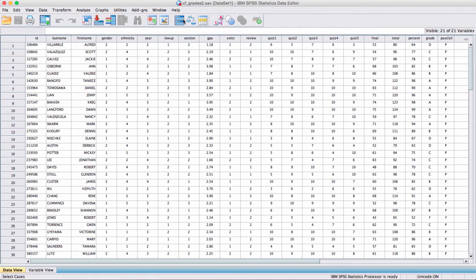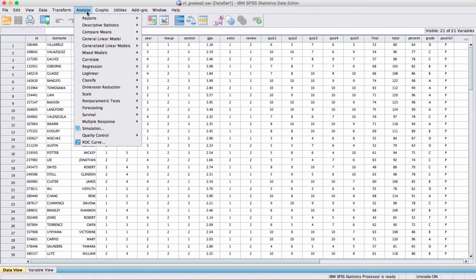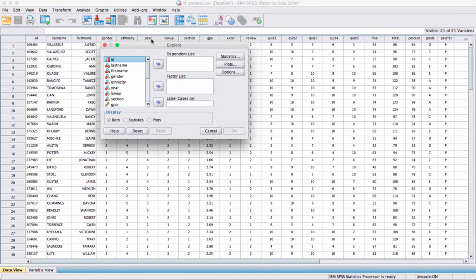Now, to do that, we can go to Analyze, Descriptives, and Explore. Now, we've done the Explore analysis several times before using our other assignments. We're going to put gender, GPA, final, and total in the dependent list.